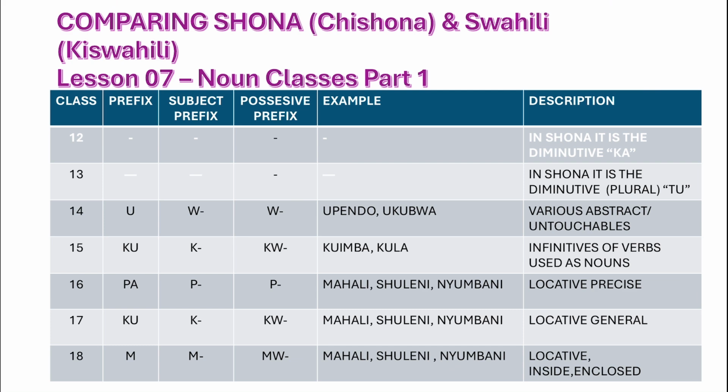Ku gives us a general location, like in the town, mjini, shuleni, nyumbani. Then mu gives us a locative, which means something which is enclosed, like inside a room.